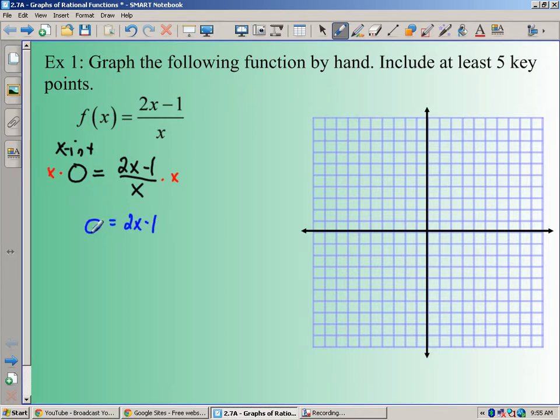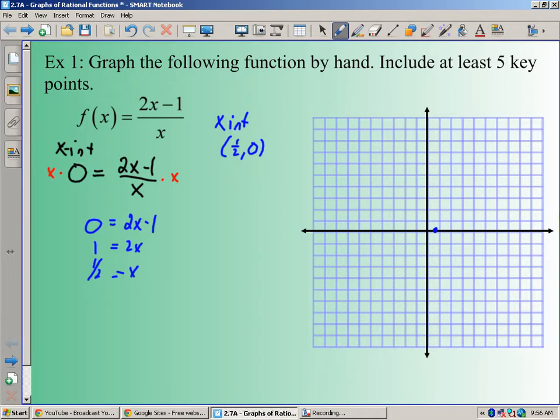If I add 1 across the equal sign, 2x equals 1, and dividing by 2, x equals 1/2. So my x-intercept is 1/2 when y is 0. That's one place it crosses the x-axis, so I can put a mark there for that one.